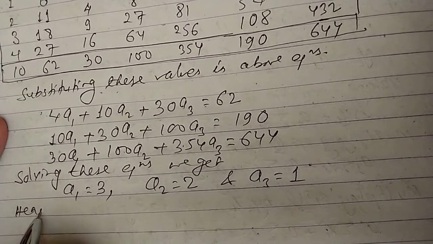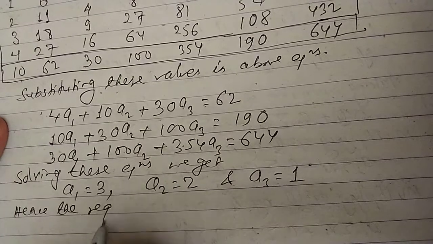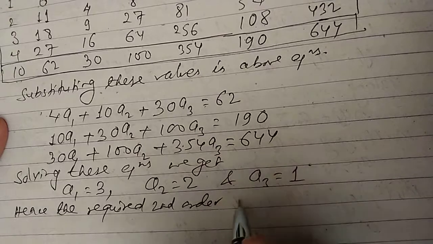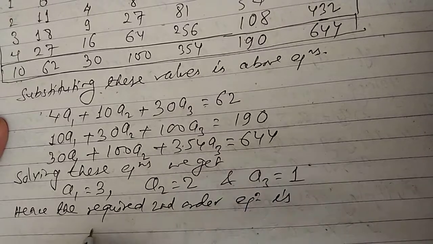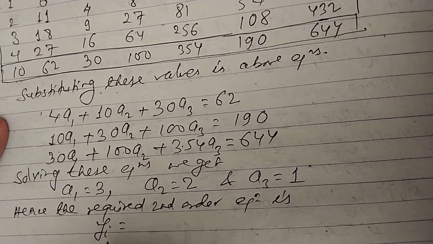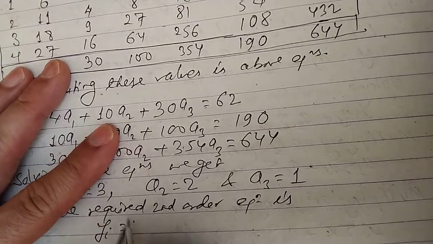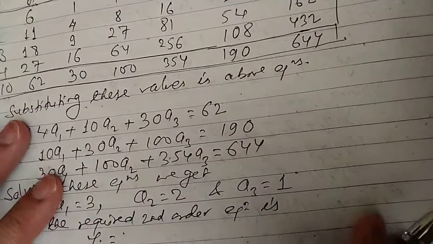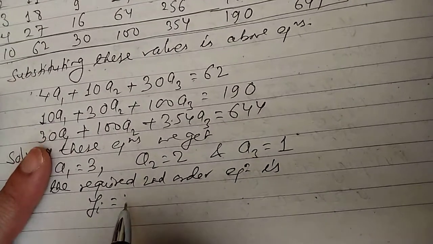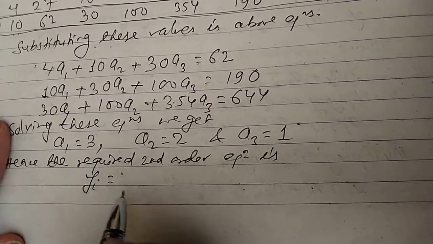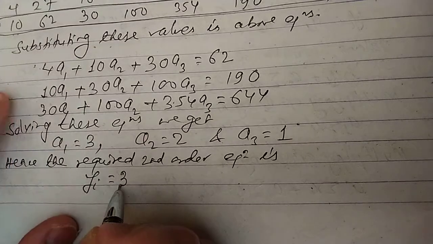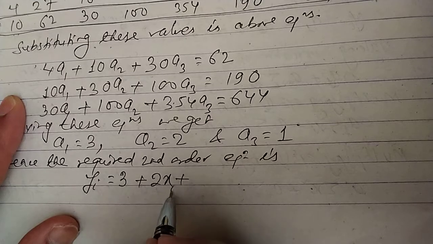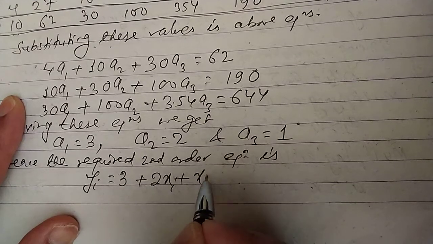Hence, the required second order equation is yi equals a1 plus a2 xi plus a3 xi square. Substituting the values, a1 is 3, so yi equals 3 plus 2xi plus xi square.